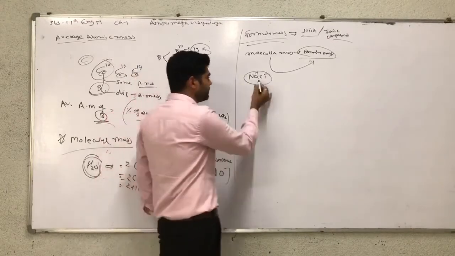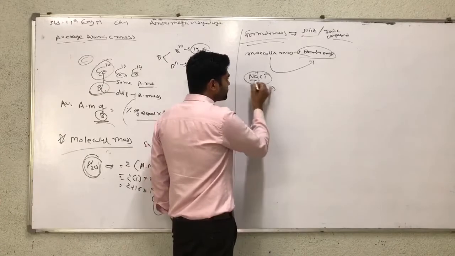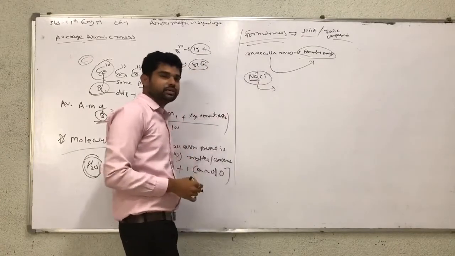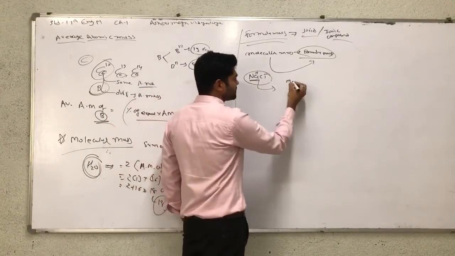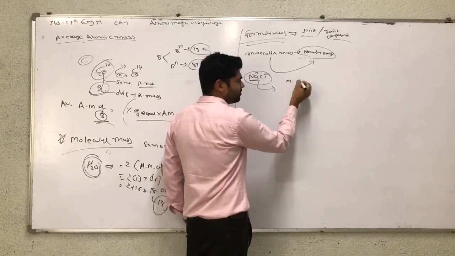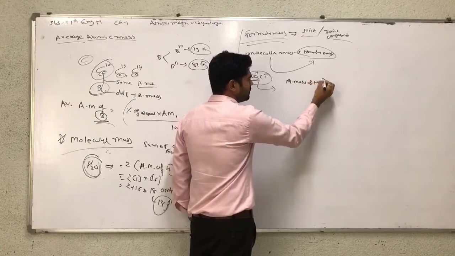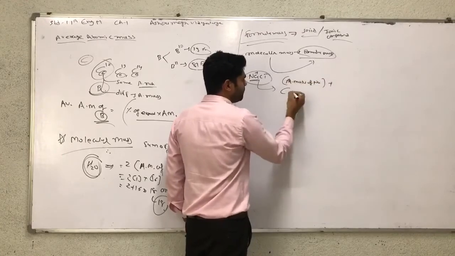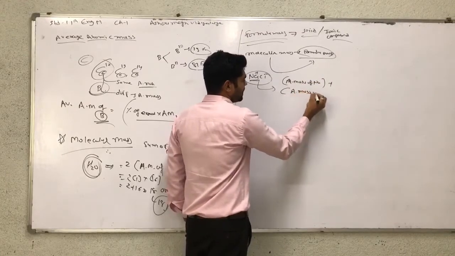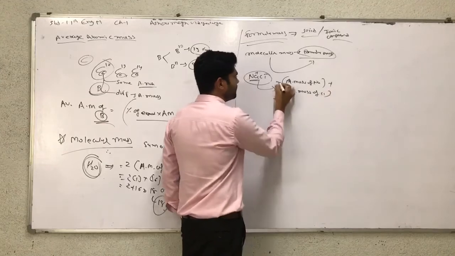Molecular mass of NaCl means atomic mass of Na, which is 23, plus atomic mass of Cl.